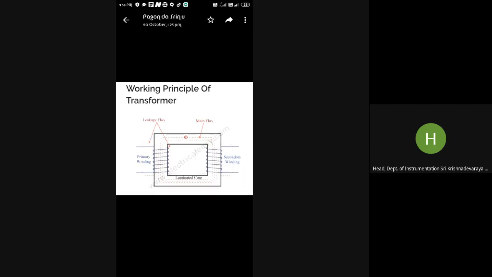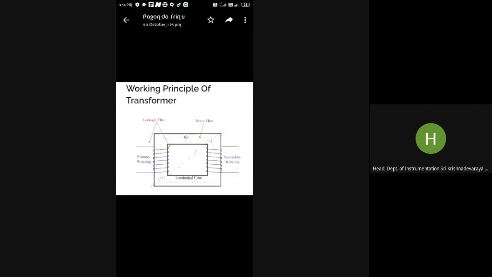Most of the flux gets linked with the secondary winding, which is called useful flux or main flux, and the flux which does not get linked with the secondary winding is called leakage flux. As the flux produced is alternating, an EMF gets induced in the secondary winding.